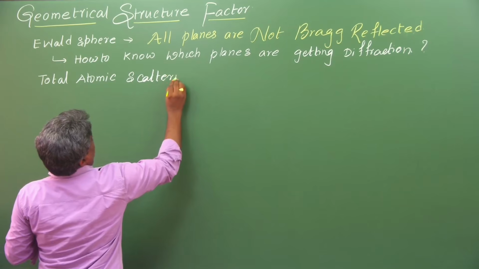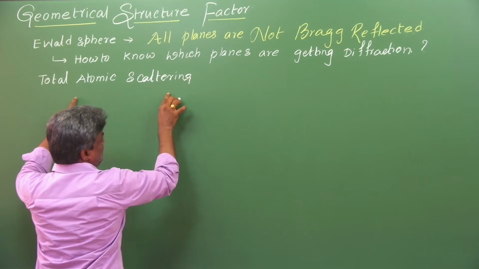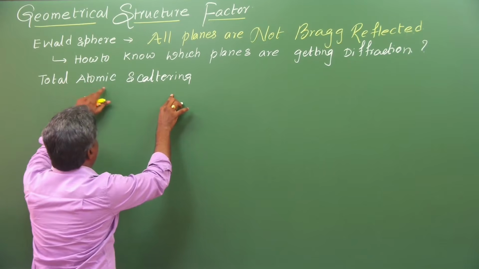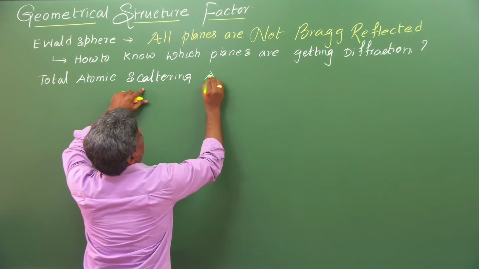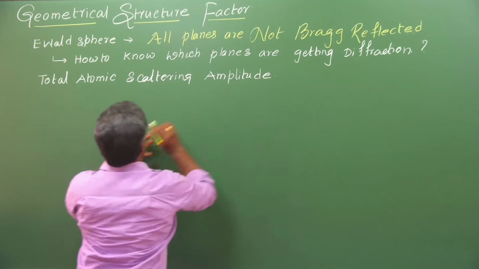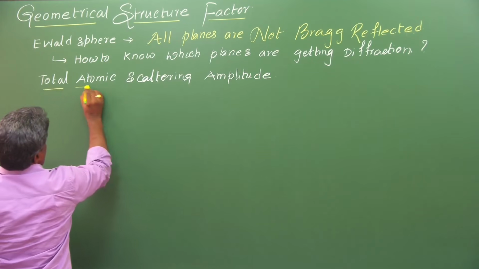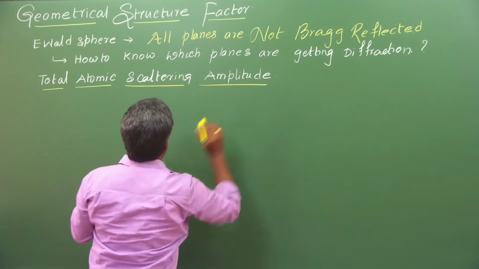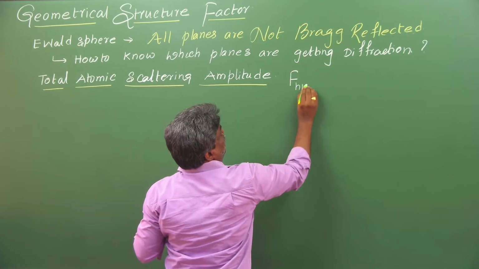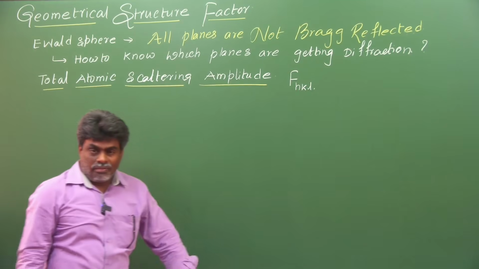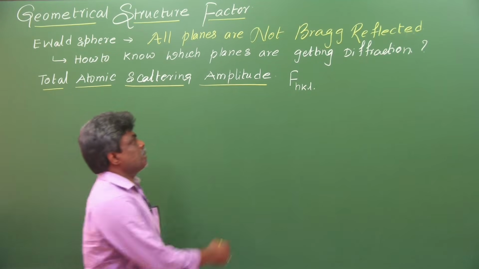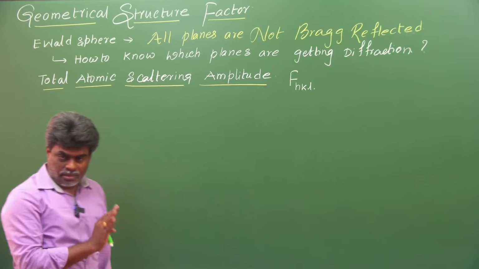Just now I said I will find this because this will decide whether there exists a diffraction or not. Very important. This is represented by F_hkl. This is what we have to find. It is simply an amplitude. You can take a modulus later, not now, just leave it.